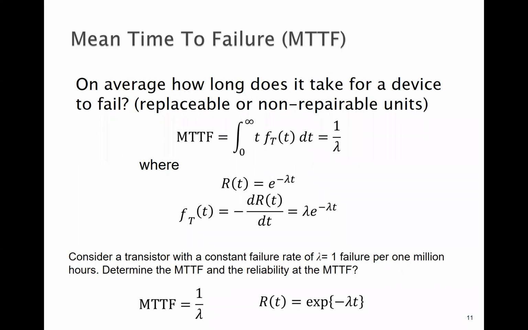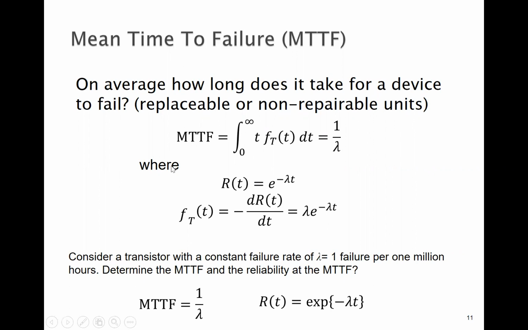Then the reliability can be related to f sub T of t in terms of an exponential function again. So now let's see the same example from the previous slide: a transistor with a constant 1 failure per 1 million hours. Now determine the MTTF and the reliability at the MTTF.